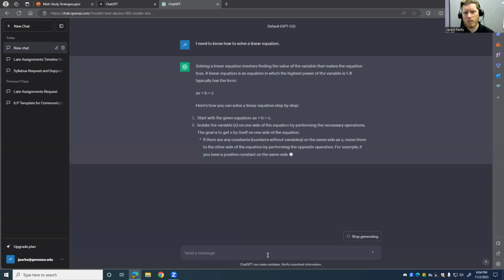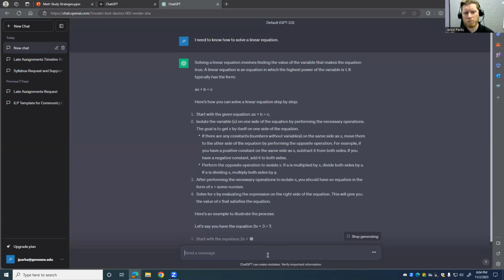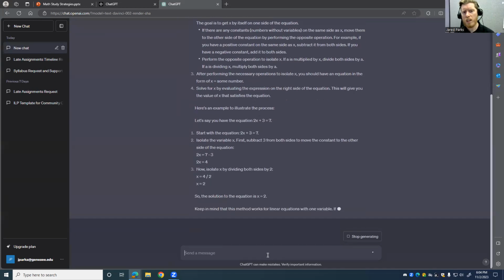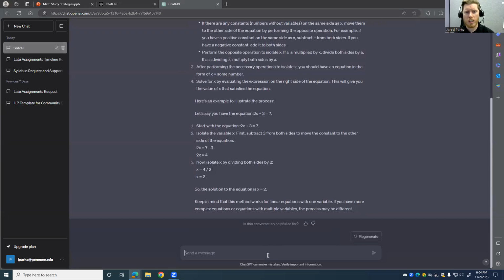And it will give you step-by-steps to do it, and it provides an example of how to do it. And as long as your reading skills for math are good, you should be able to follow along.